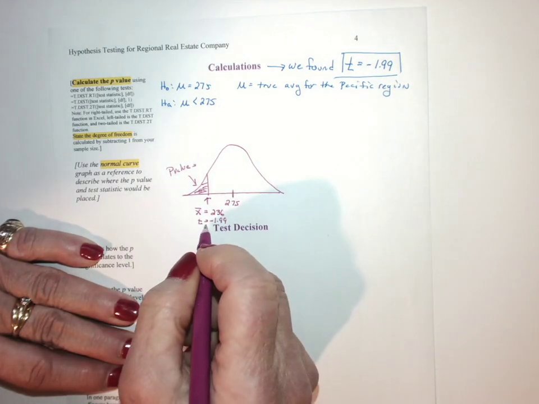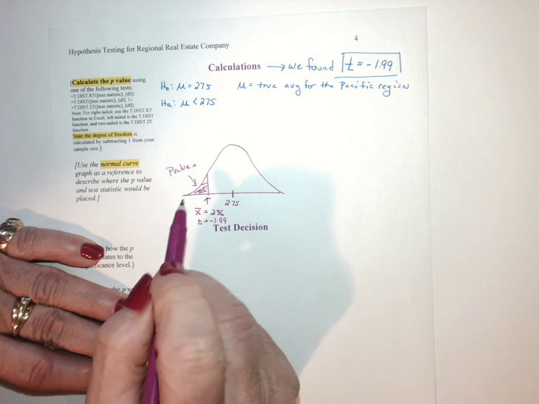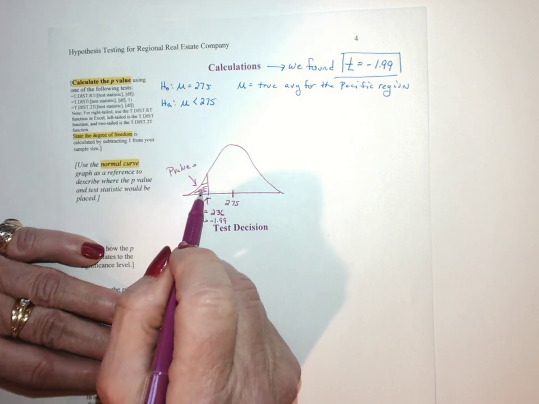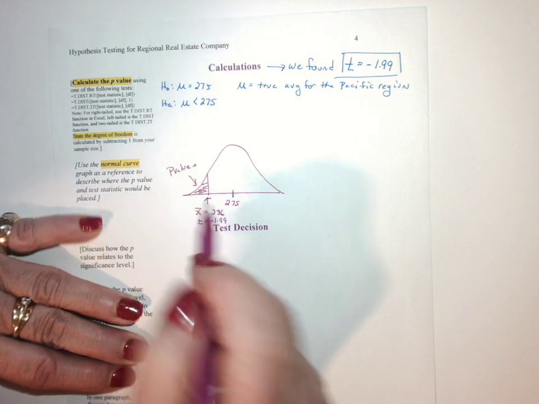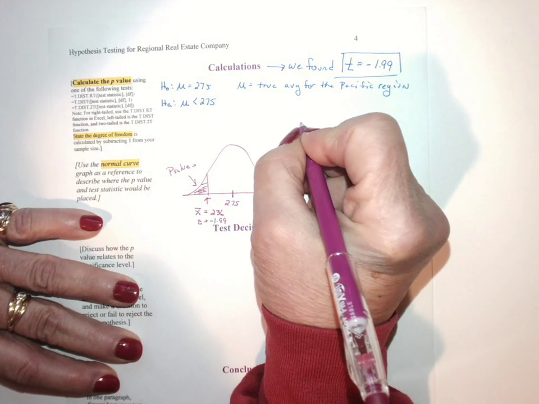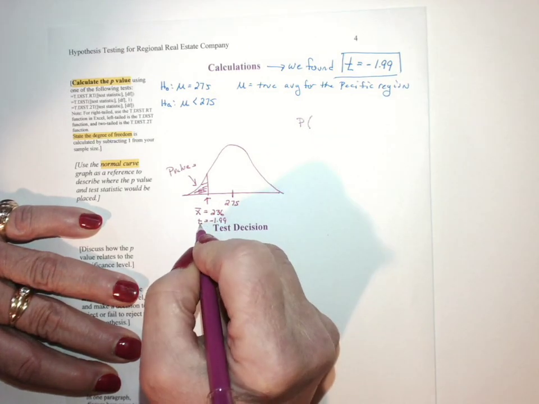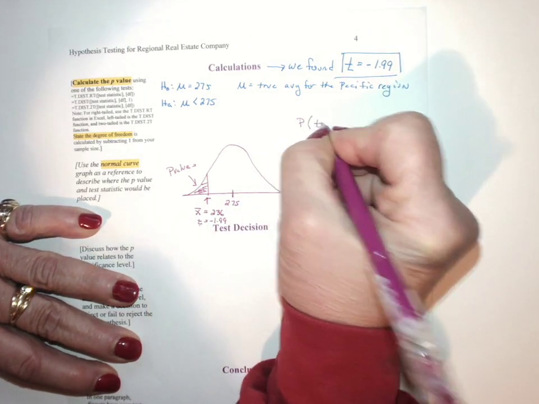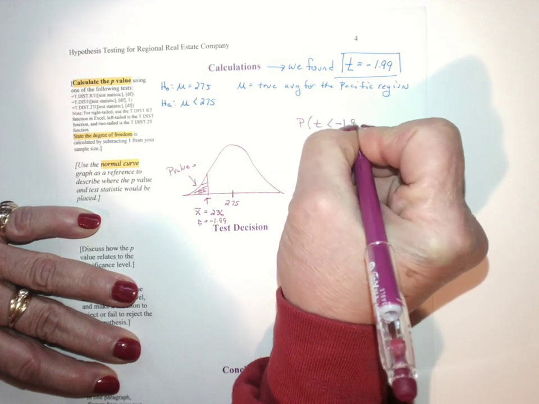So now we want to find this p-value. The p-value is a probability. And so we want to find the probability that our t statistic is less than negative 1.99.